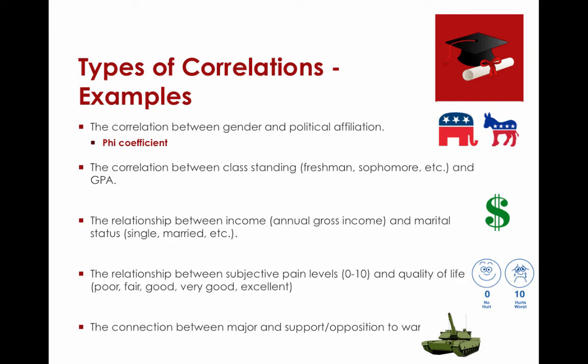Second one, correlation between class standing, freshman, sophomore, etc., and GPA. Well, class standing, we have freshman, sophomore, junior, senior. We know that there's some order there, and it's categories, but there's no real inherent numerical value. So class standing is going to be ordinal, variable x. And GPA, well, we know GPA can be a number, 2.0, 3.0, 4.0, 3.5, 3.23, 2.79.